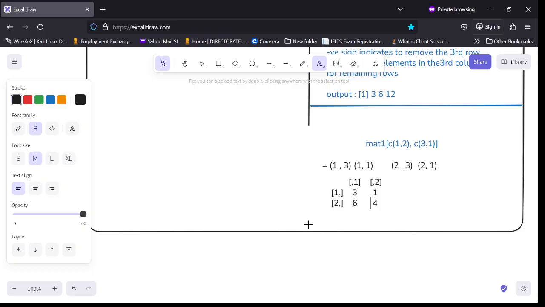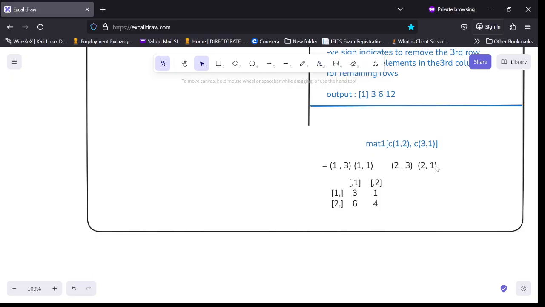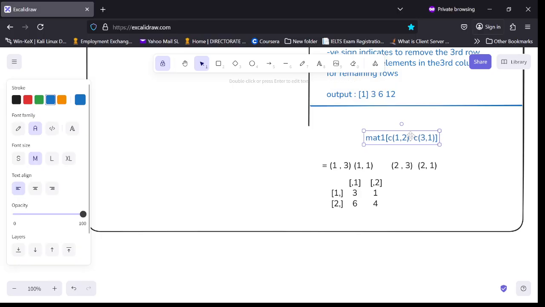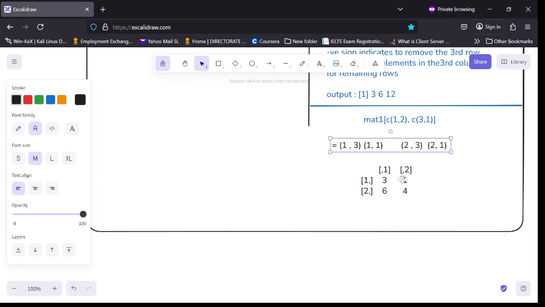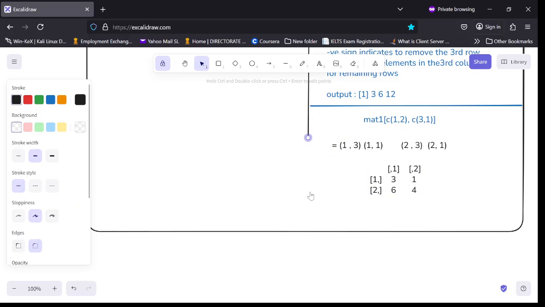That's how this result came here. Again, we can solve this using the same distributive property of mathematics. That's very good.